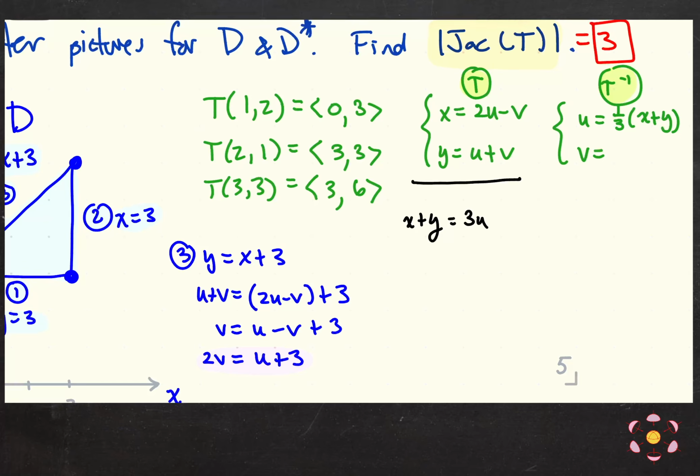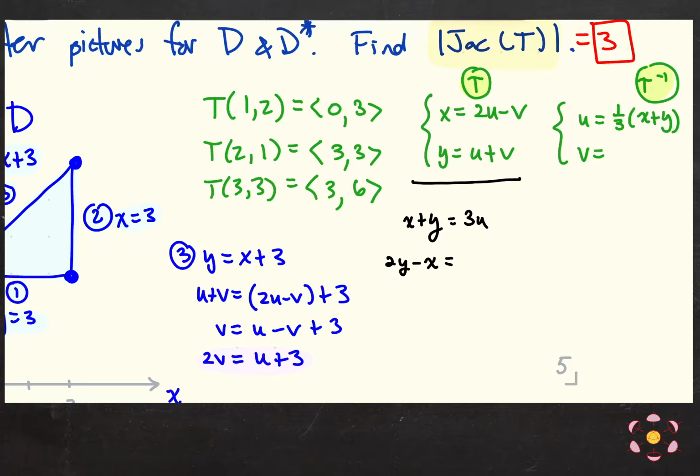So that is the first function. Now the second function, we've got to work a little bit harder because I've got to cancel out the u's. There are many different ways to do it, so here's the way I'm going to do it. Take the second equation, multiply everything by 2. So on one side, I'm going to get 2y, 2u plus 2v. Then subtract the x. What do we get here?